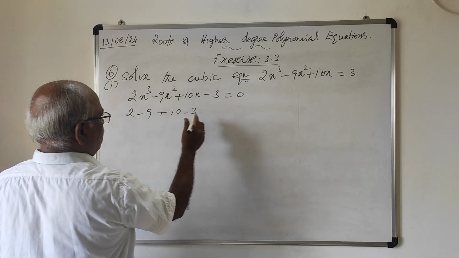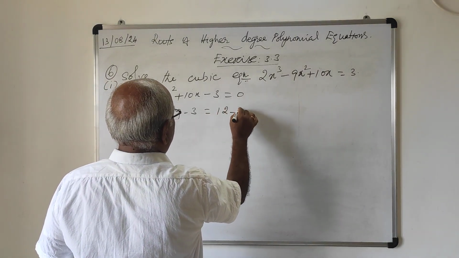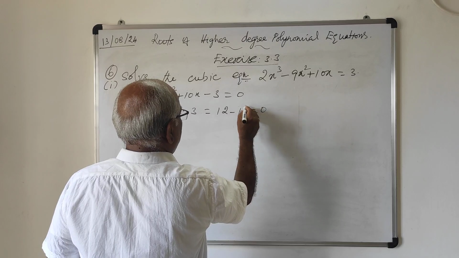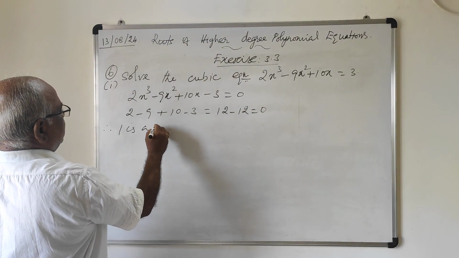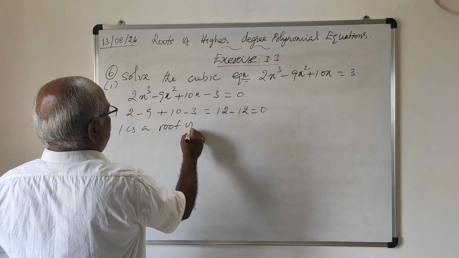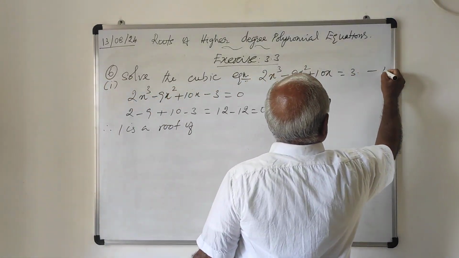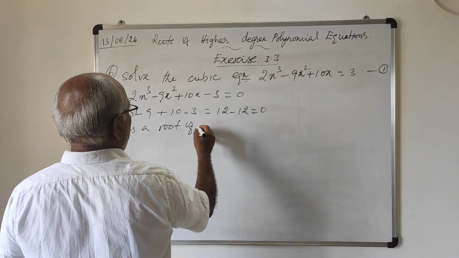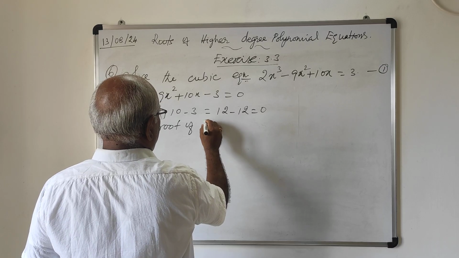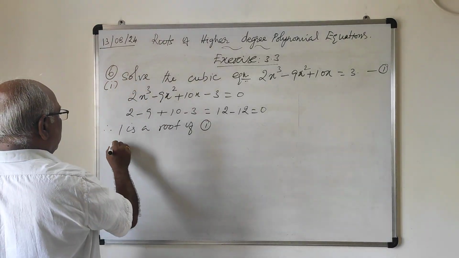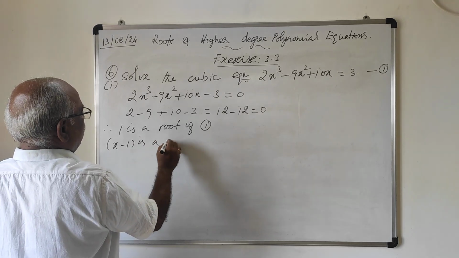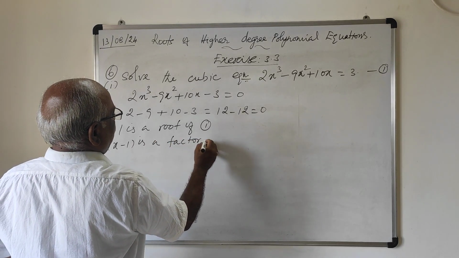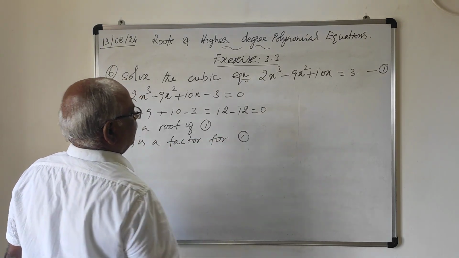So 12 minus 12 is equal to 0. So the sum of all the coefficients is 0. Therefore, 1 is a root of the given polynomial, or x minus 1 is a factor for the polynomial.